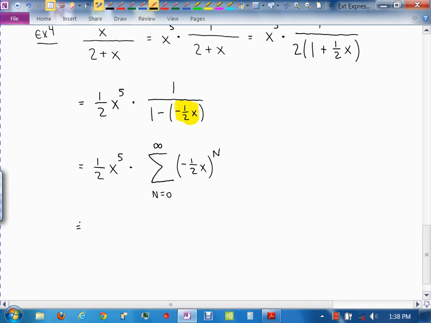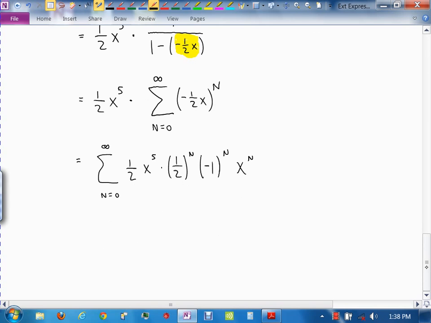Which equals sum n equals 0 to infinity 1/2 times x to the fifth times 1/2 to the n times negative 1 to the n times x to the n. Is that right?